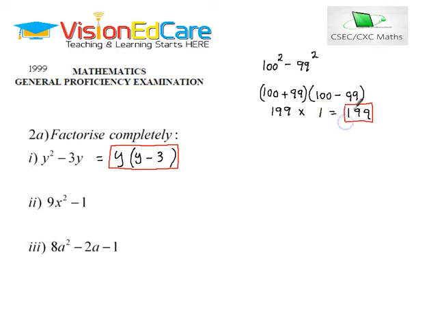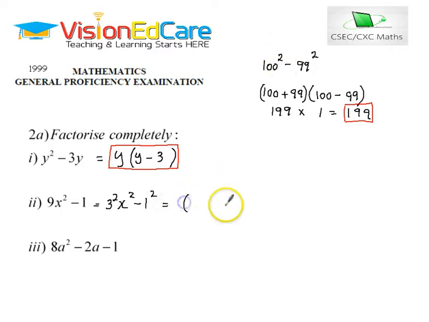Okay, so we're going to apply the same technique to this question, but you have to look carefully. Now 9x squared minus 1 can be written as 3 squared x squared minus 1 squared. Then you can apply the same procedure here.